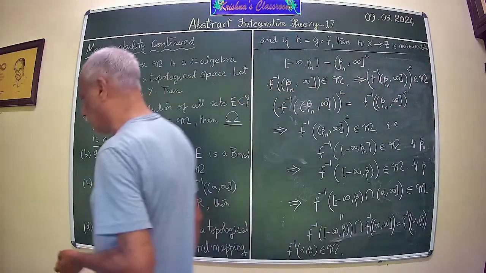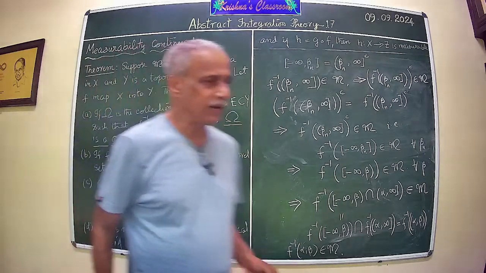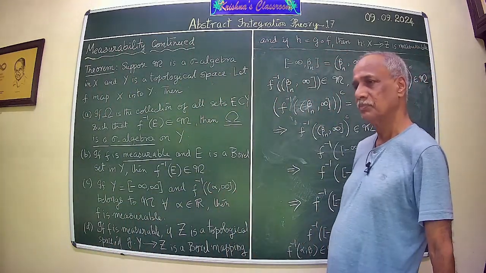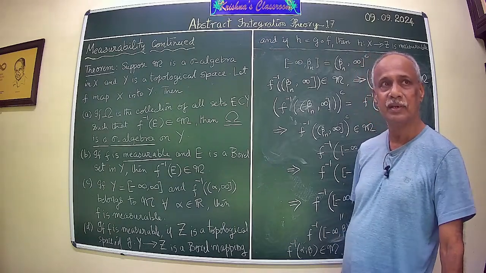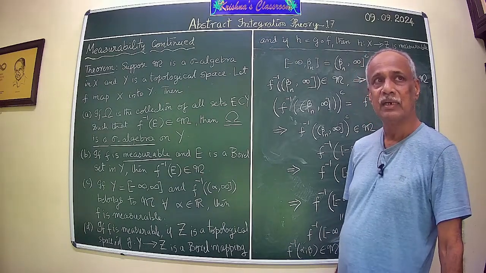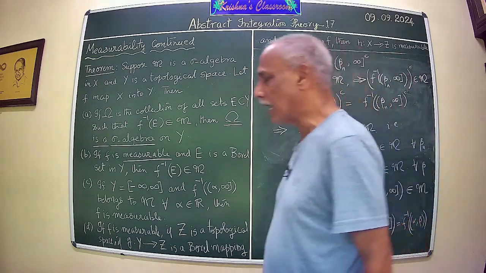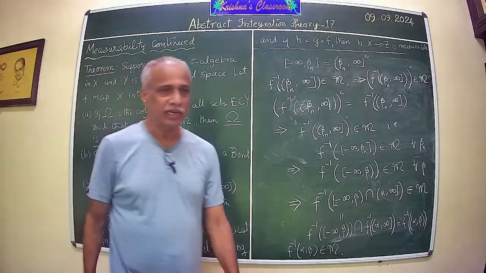So what we prove is that every open interval, the pullback of every open interval is in there. Okay. Therefore, the pullback of their arbitrary unions is in. Okay.